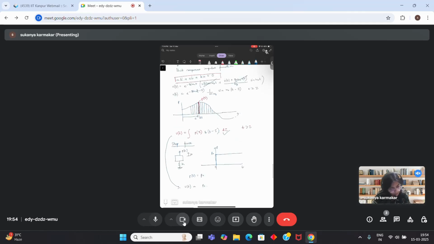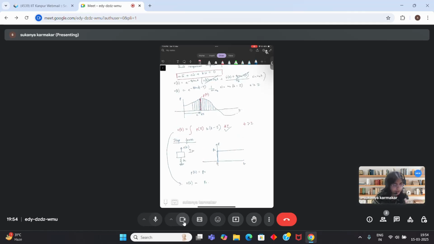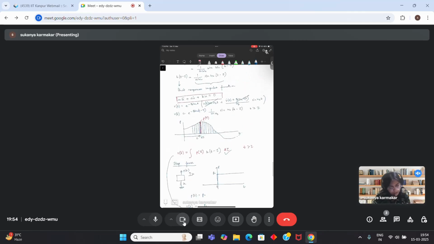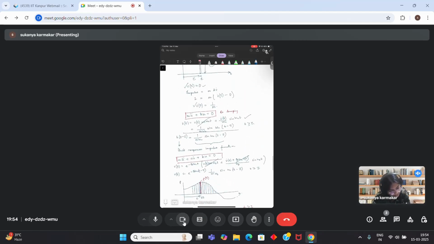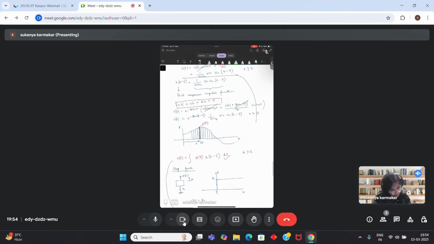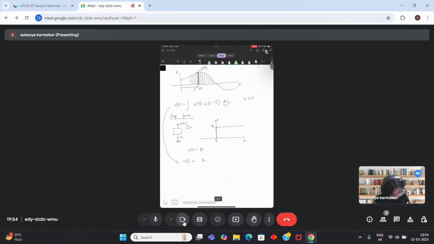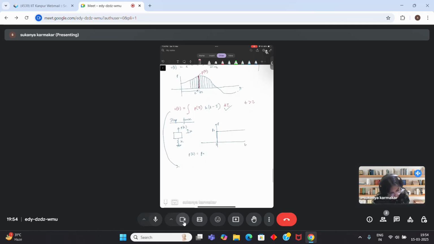P naught. And what is h? That is the unit impulse function. I'll just write for your convenience the value of h(t minus tau), the unit impulse response function when there is no damping.